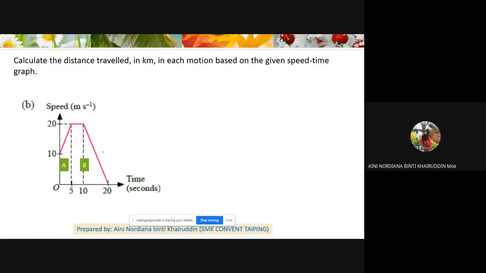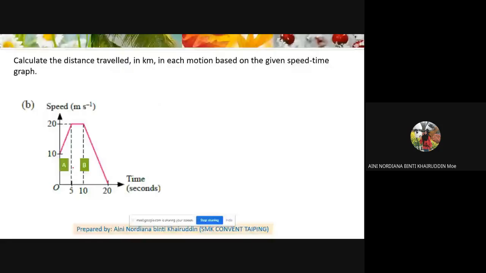Okay, so to solve this question, you can divide this graph into several. Divide this graph into two, which is A and B. The A is this, and the B the other.